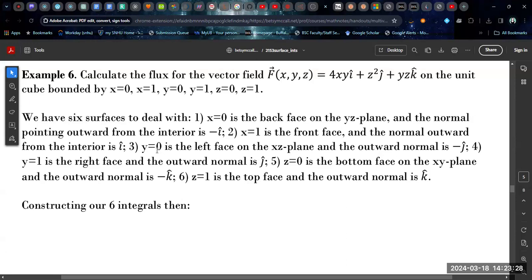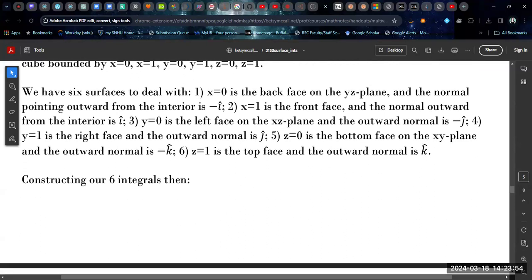Y equals 0 is the left face on the xz plane, and the outward normal is minus j. For the fourth side, y equals 1 is the right face, and the outward normal is j. Z equals 0 is the bottom face on the xy plane, and the outward normal is minus k because it's on the bottom of the cube. And then z equals 1 is the top face, and the outward normal is k.